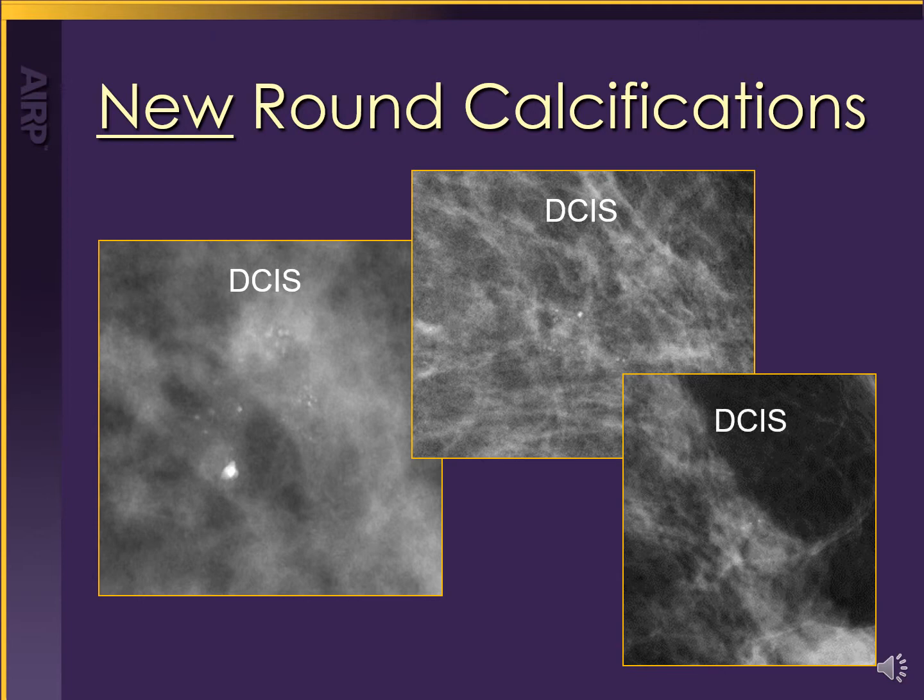So I'm sorry to be tricky, but my point here is that even though these have a very benign round morphology, they're new. So just like if you had a new round or oval solid mass on mammography, you've got to biopsy that. Same with round calcifications that are grouped at mammography.